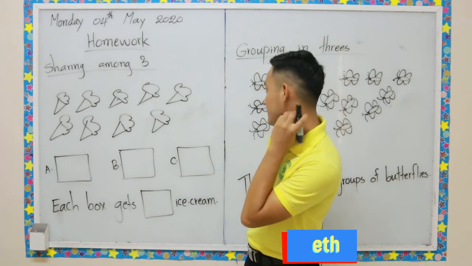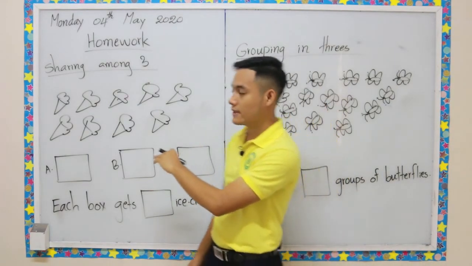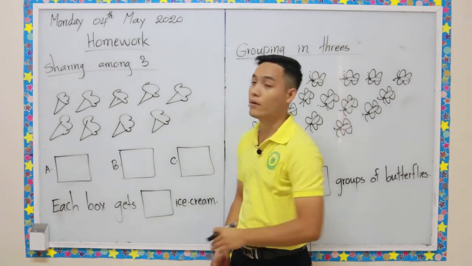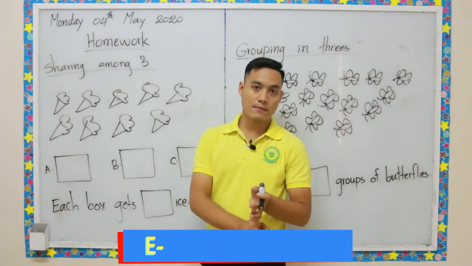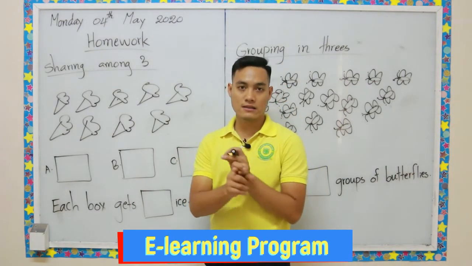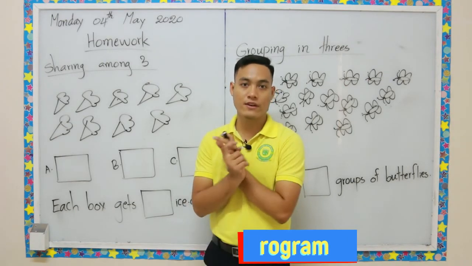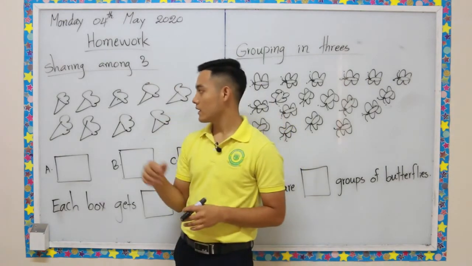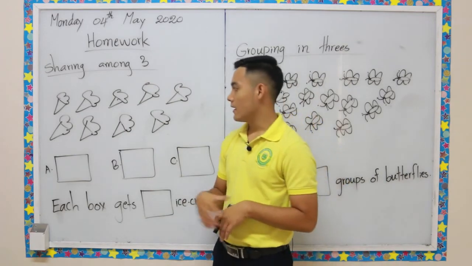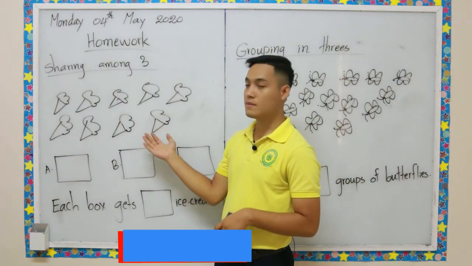And over here is your homework about sharing among 3, that after you learned and practiced the lesson, also the exercise from the first video. So here is your homework that you need to share the ice creams.